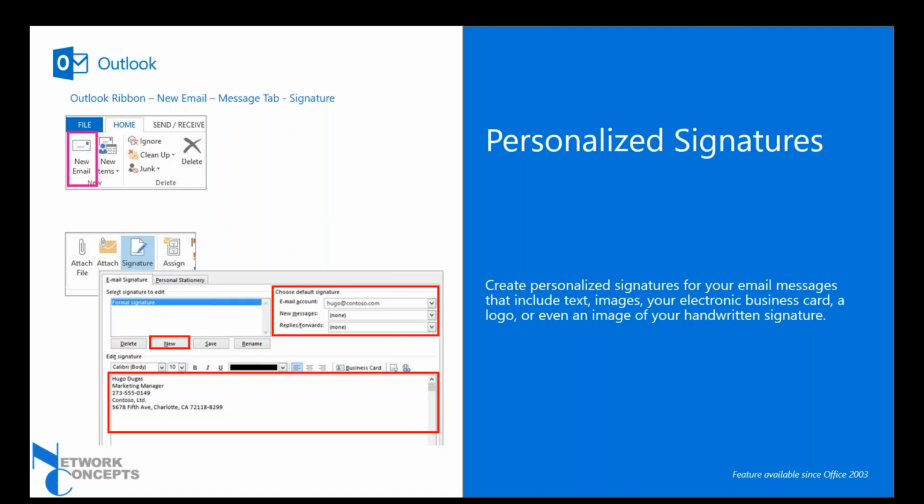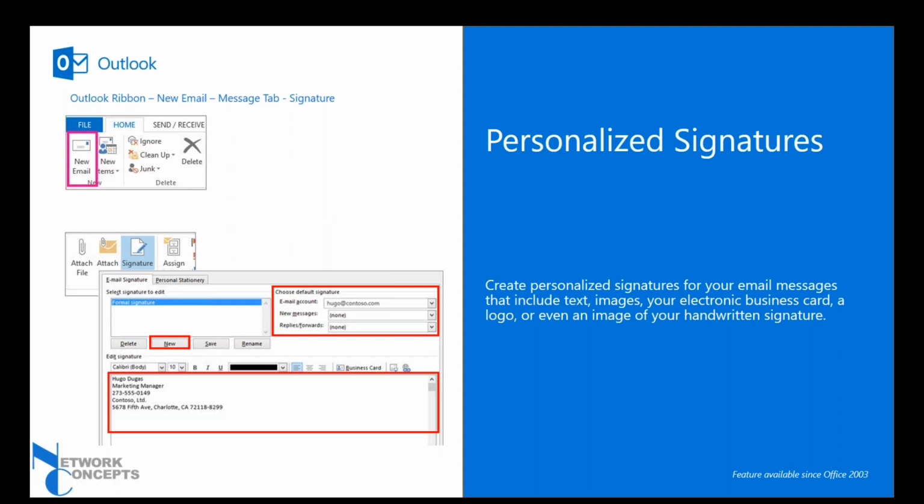How we can do that is we're going to hit new email, then signature, and we can now hit new. We're going to have a nice little text box that we can put whatever we choose in. If you really wanted to, you can even put an image in there. I would suggest that. And then you're going to hit save. Pretty simple.